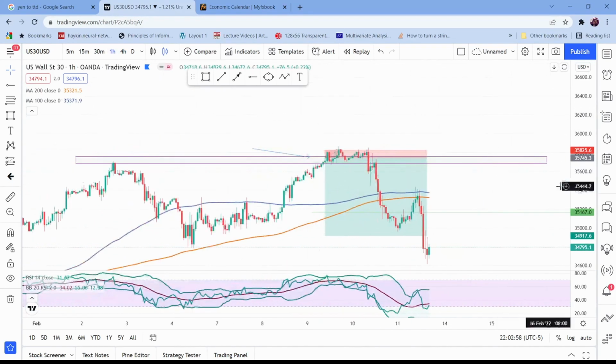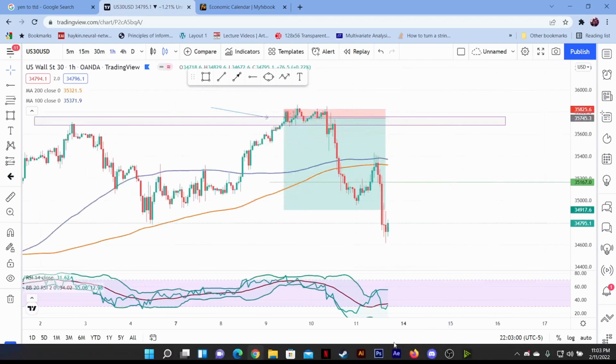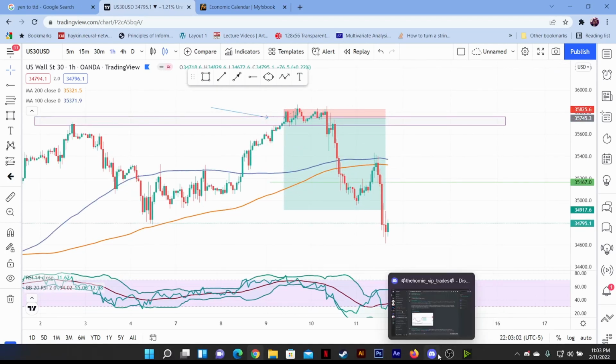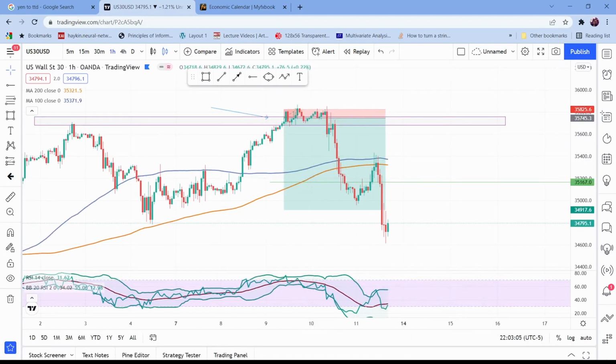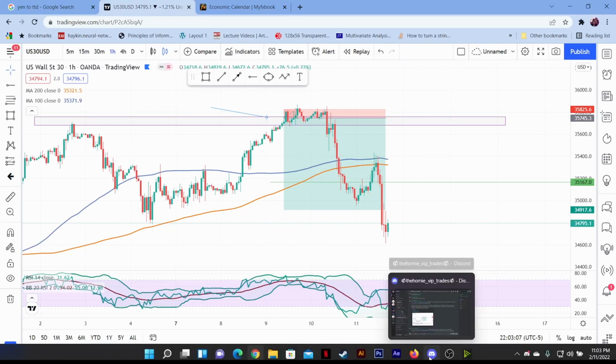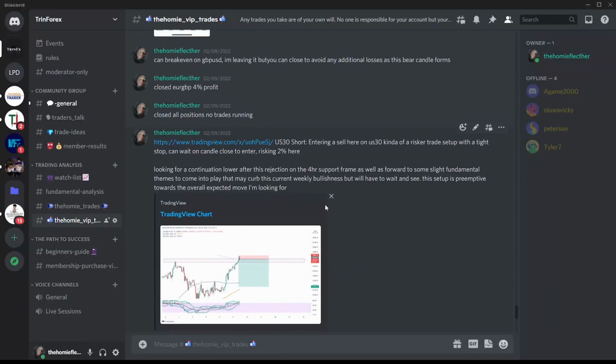So yeah, this was the trade that I was looking to take on US 30. Profit would have been insane if it just hadn't wicked us up, because I had like 38 lots open on this.